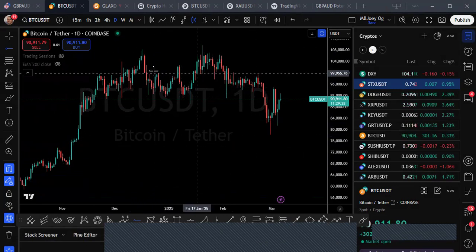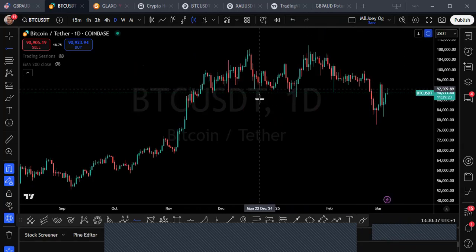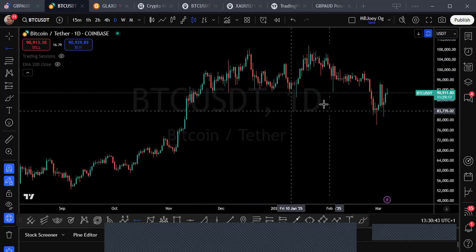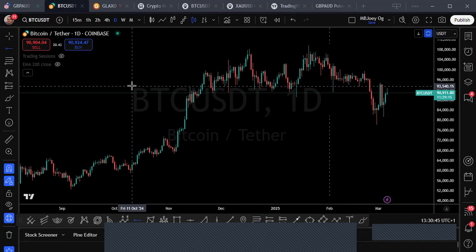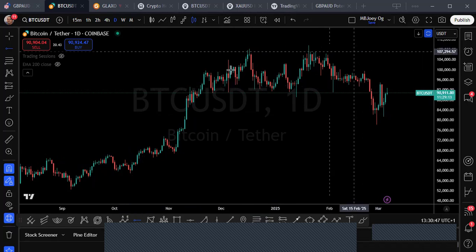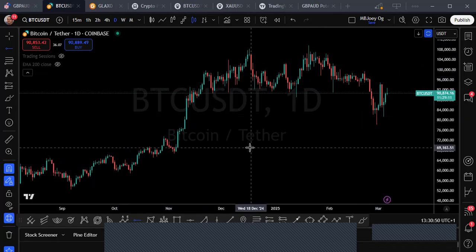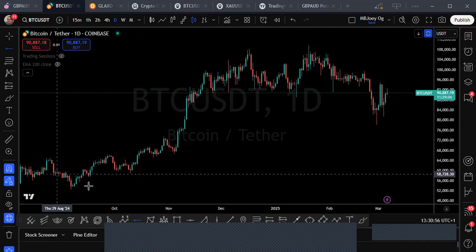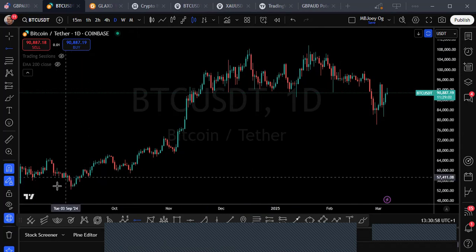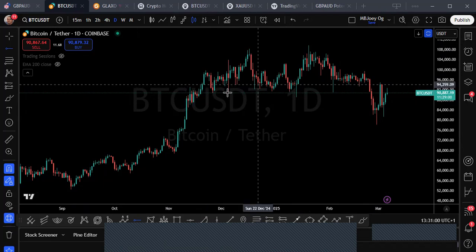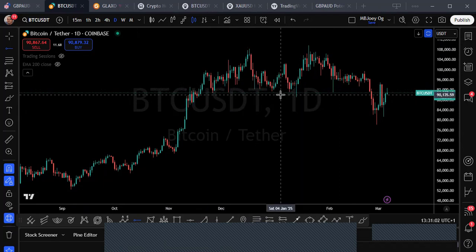Looking at this, just looking at the screen, can you spot any area of support, any area of resistance? Can you spot any area of support? Like the bottom, this side, where you go up.